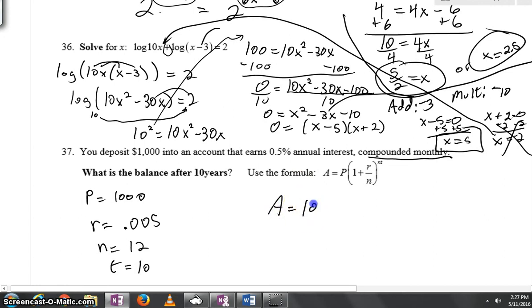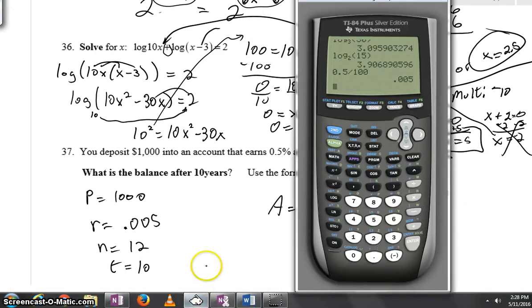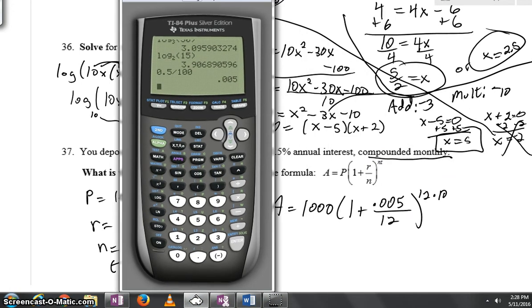So the formula, if we just plug everything in, we're going to essentially do this on the calculator. We just plug all these values in where we're supposed to. N is 12, and we have 12 times T. We take our calculator, and we just make it look exactly like this. Here's your 1,000.